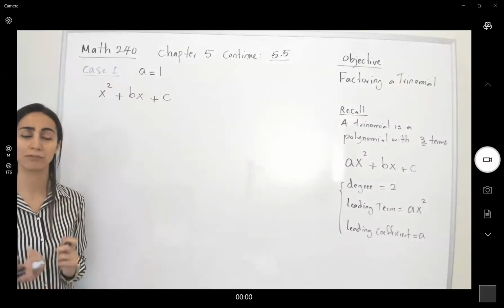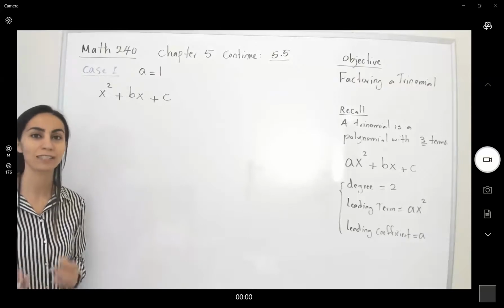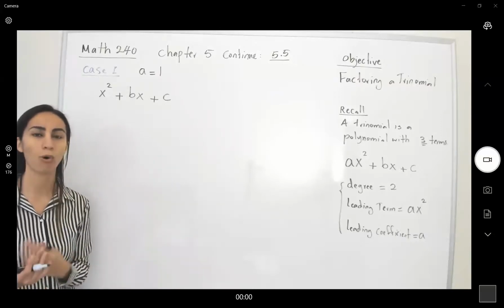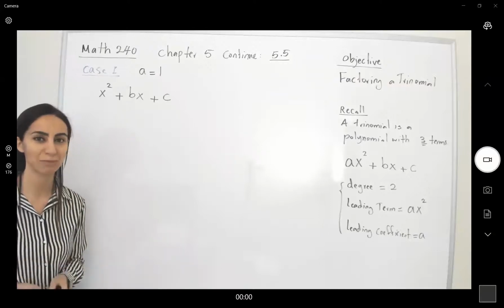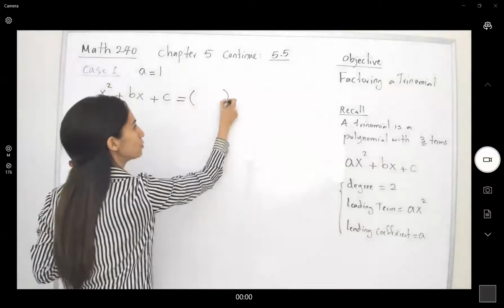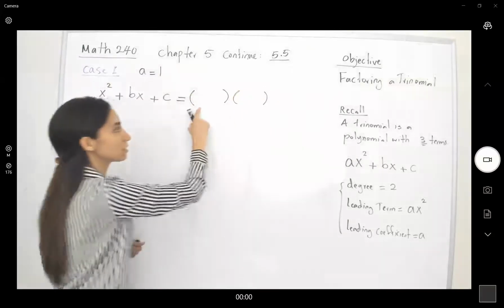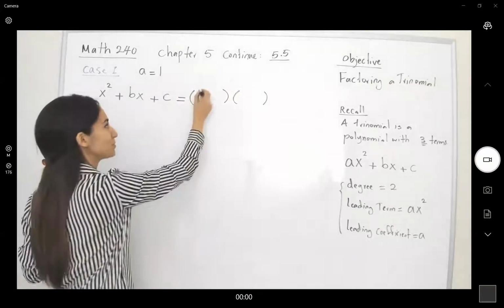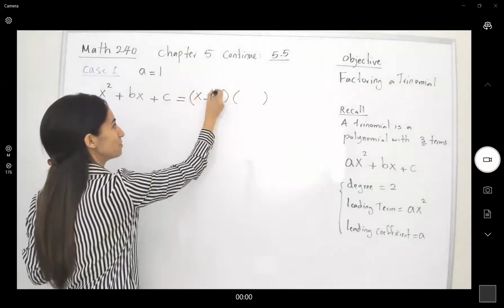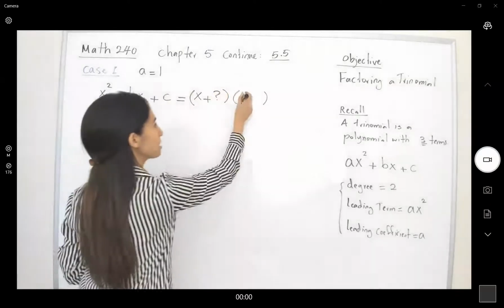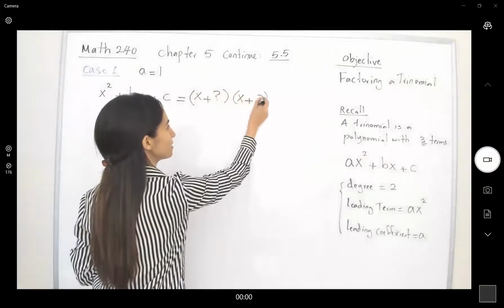In this case, we usually write this trinomial of degree 2, this quadratic expression, as the product of 2 quantities. The first quantity has x plus a constant. The second quantity also has x plus a constant.